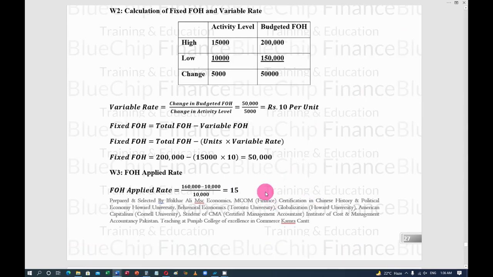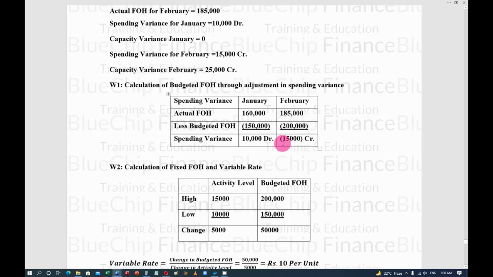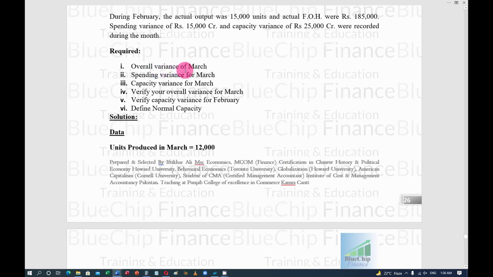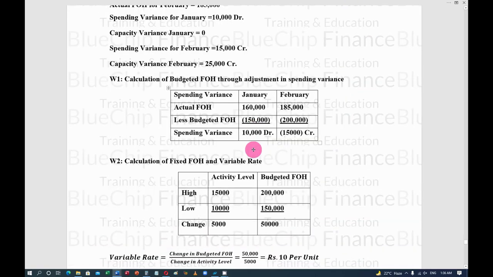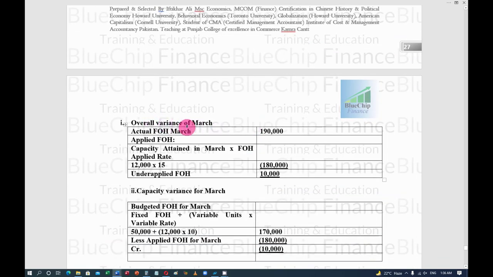So these are three very important calculations, and now we further calculate what is required in the question, that is the overall variance of March. Overall variance is simply the analysis of over or under absorbed FOH. So your first requirement is to calculate this. The overall variance for March equals actual FOH minus applied FOH. Applied FOH is capacity attained multiplied by the FOH applied rate.